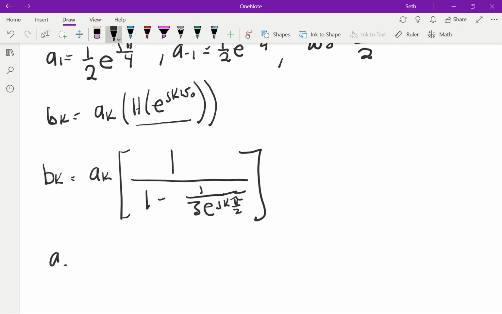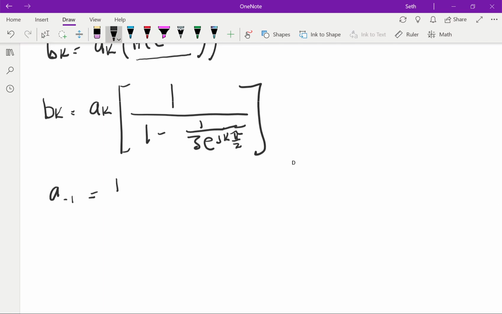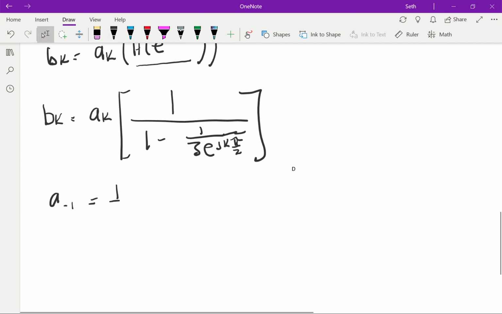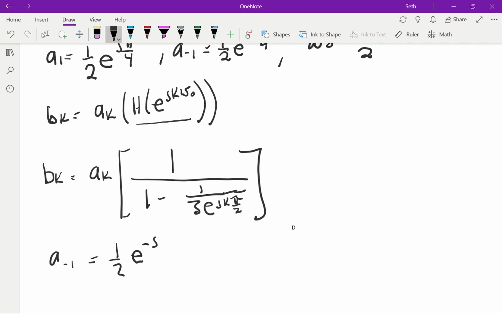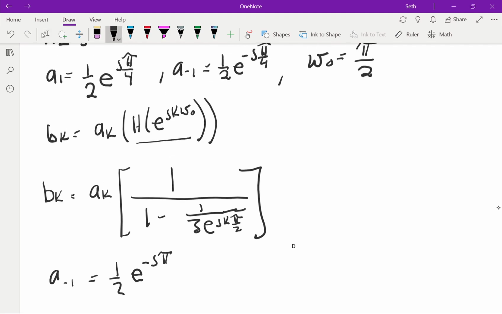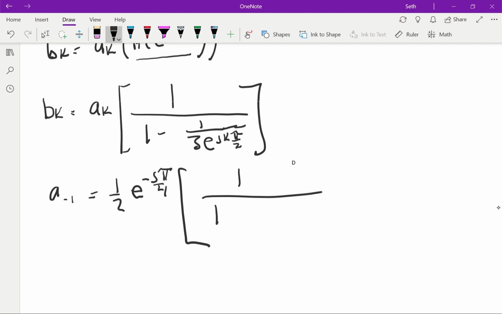So a minus 1 equals 1/2 e to the minus j pi over 4, and k is minus 1 here.